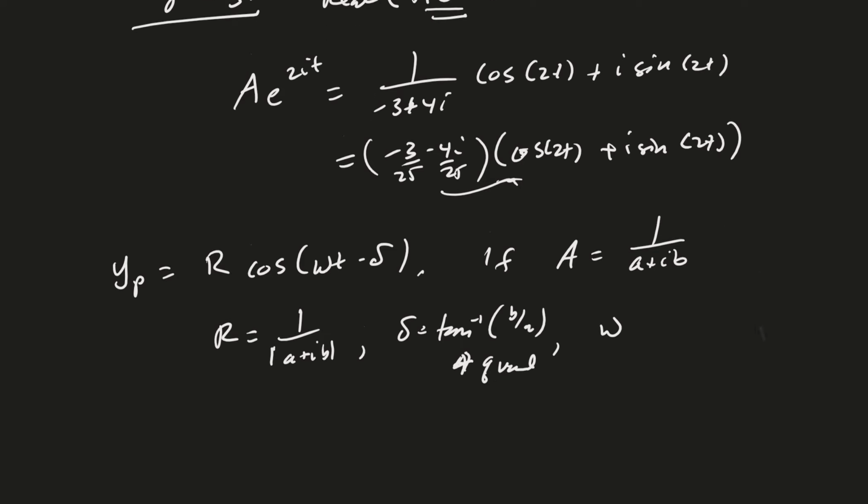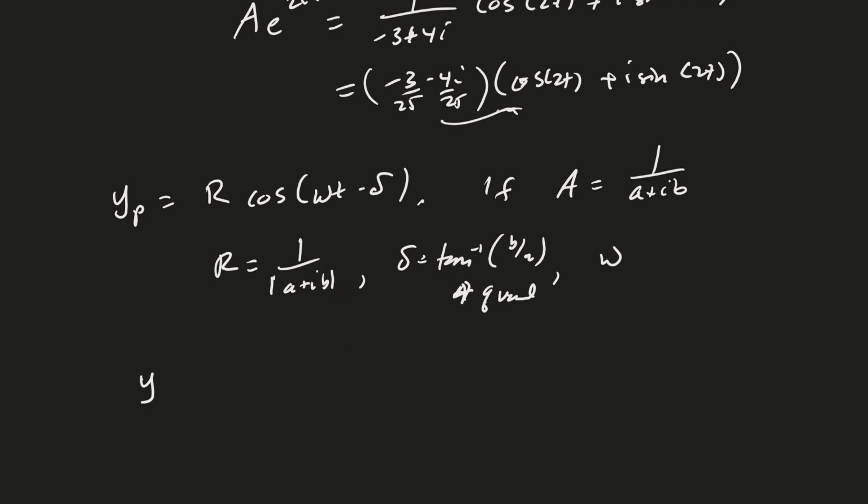Okay, so in this case, my r is equal to 1 over the square root of 25, which is 1/5. The delta. Now the delta is that b over a, right? So in our case, where's our b and our a? Minus 3 plus 4i is what we're looking at here. And so where is that on the complex plane?